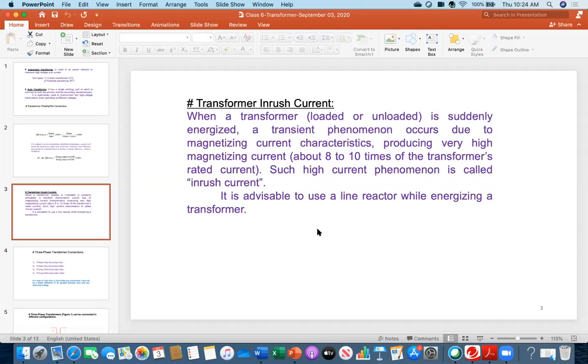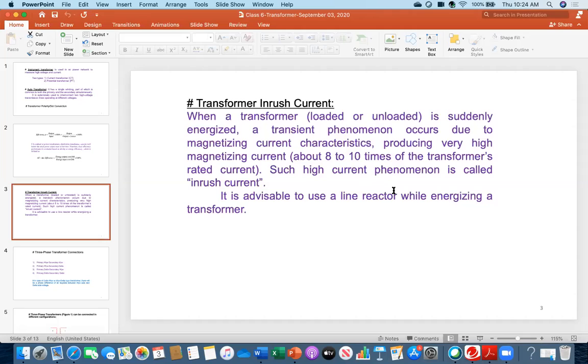So let me explain. First of all, once again, everybody have a look. When a transformer is at rest, not working initially, and suddenly you energize it, suddenly you connect the primary of the transformer to the actual lines, at that time a transient phenomenon occurs, meaning that the magnetizing current could be very high, as I said, 8 to 10 times.